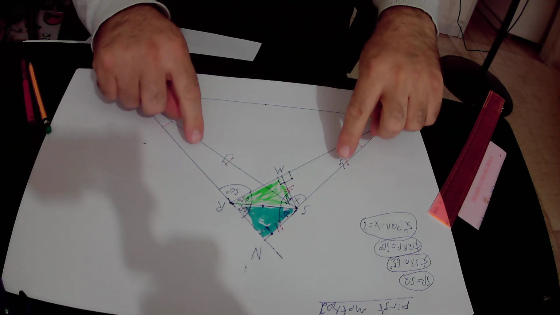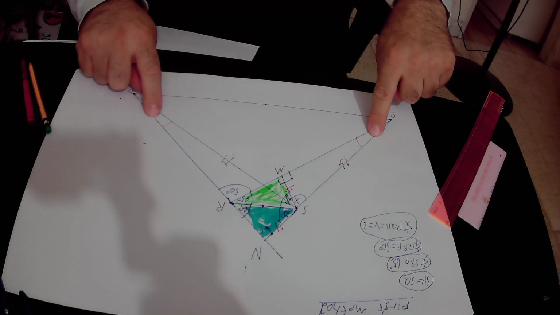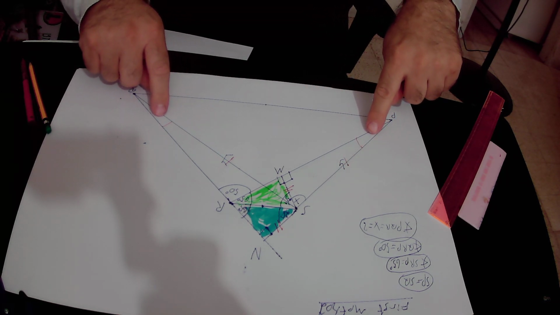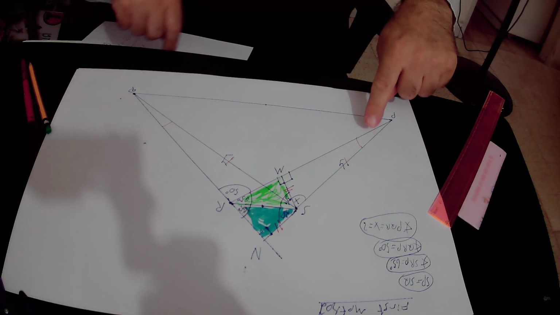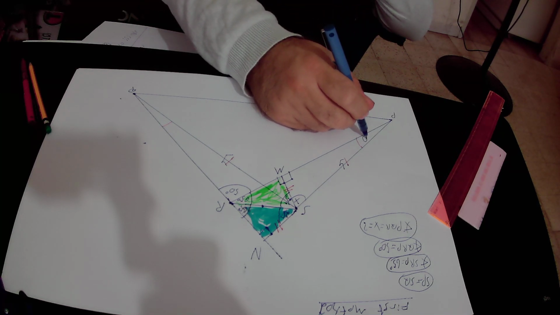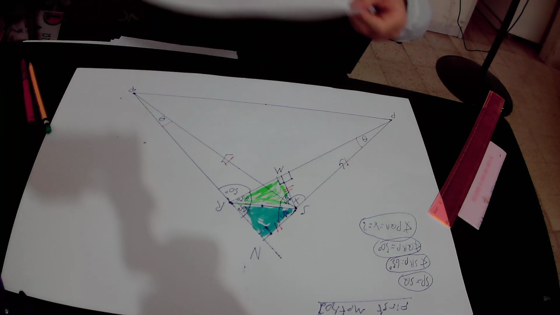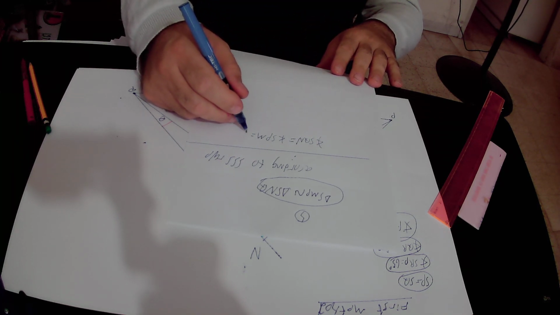And if this angle is equal to theta according to our definition, then this angle will also be equal to theta. So we found that angle SQN equals angle SPM equals theta.